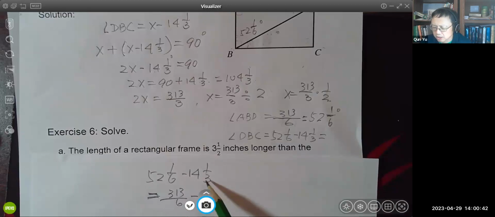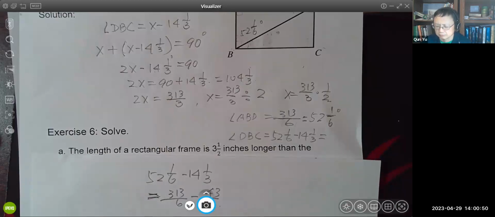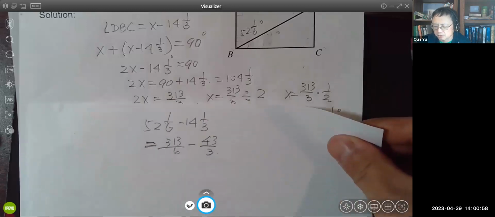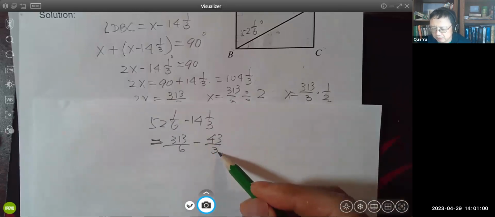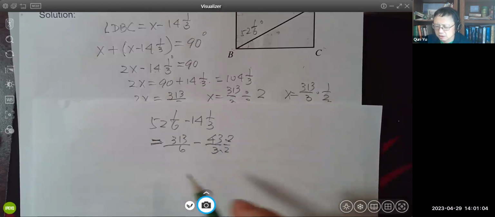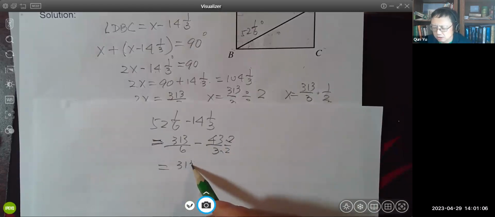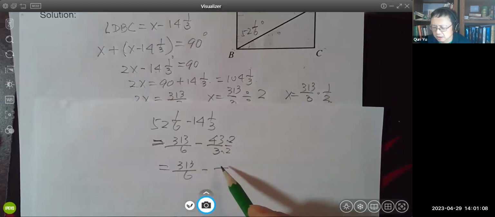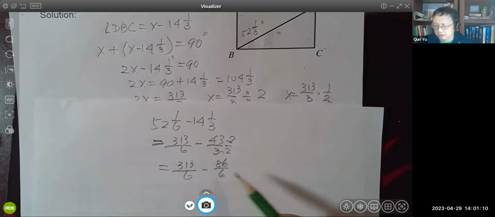The second one: 3 times 14 is 42, plus 1, 43 over 3. We need a common denominator, which is 6, so we multiply the second one by 2 on top and bottom. So we get 313 over 6 minus 86 over 6.